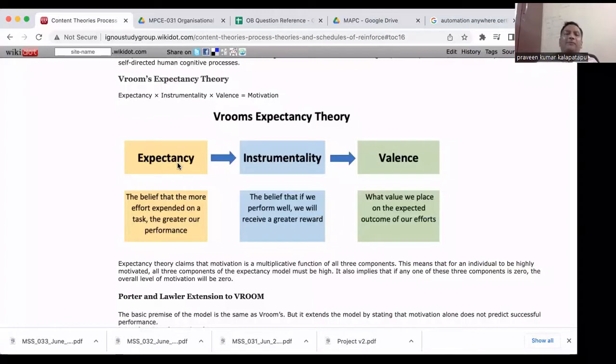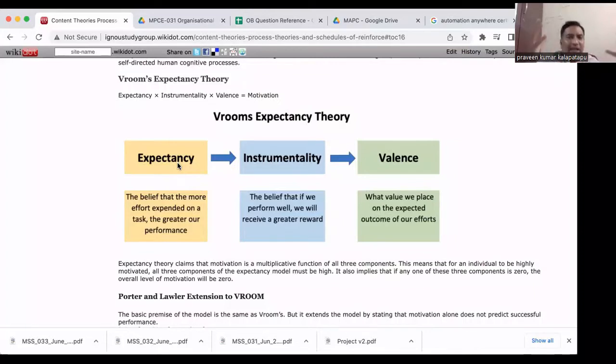First thing is our expectation. If I do this, I will do it better. If I do it better, I will get a reward. Now the last part: if I get this reward, I'll be happy. I have more value for this reward.